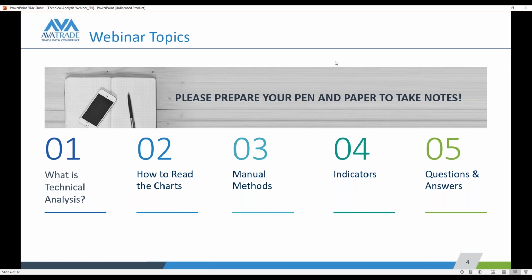And so there are different ways to do technical analysis. Usually we're using manual methods within the webinars, meaning we're drawing our own support levels, our own resistance levels, our own trend lines, etc. And in combination with understanding the fundamental news situation, using that technical analysis to find those entry points and exit points that we prefer.